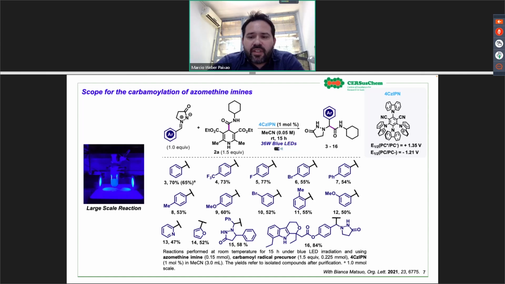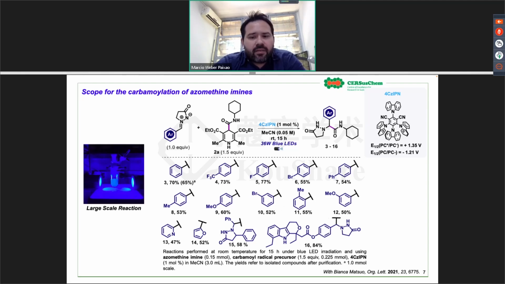Importantly, substrates containing aryl bromides were successfully tolerated. This is good because this functional group allows further functionalization by transition metal-mediated cross-coupling reactions. Other substituents do not show any significant influence on the reaction outcome, and notably ortho and meta substitution is well accepted under this transformation.